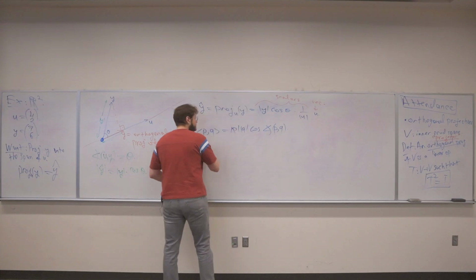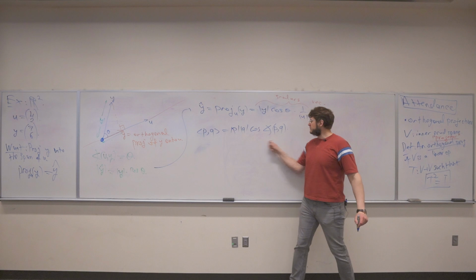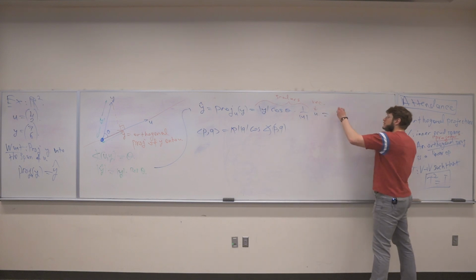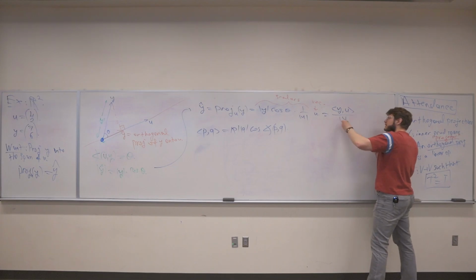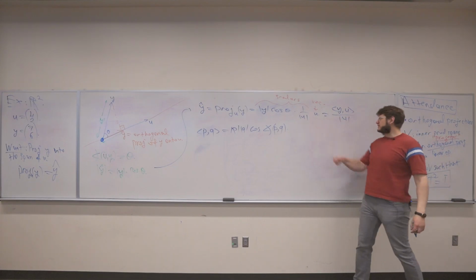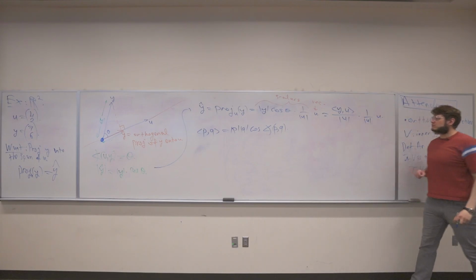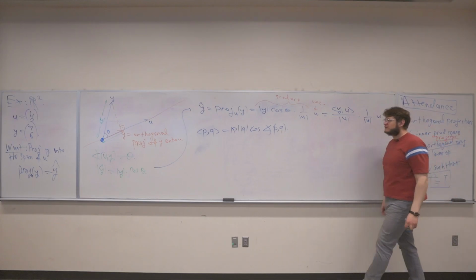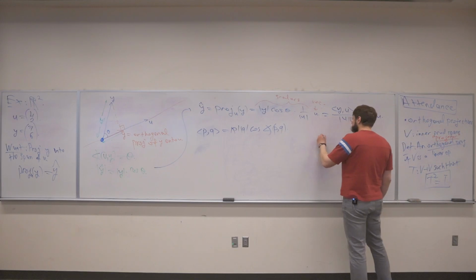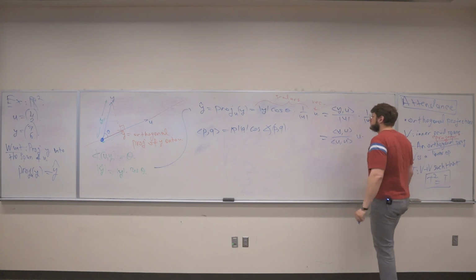I'm just going to solve for this part: y against u divided by norm of u. I have another factor here, times u. But then in the denominator, I have norm of u squared. That's the same thing as u against u. So I can just write it like so. That's the formula.